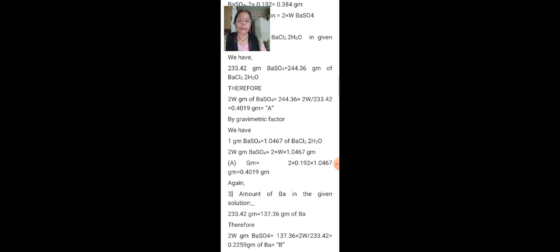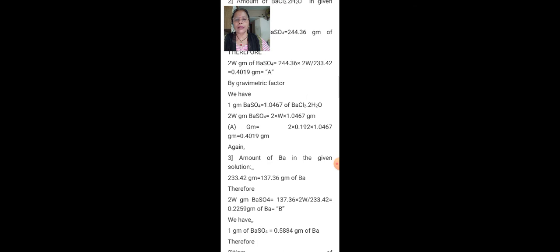Now the amount of barium in the solution. 233.42 gram of barium sulfate corresponds to 137.36 gram of barium, and therefore 2W, the weight of the product barium sulfate, corresponds to 137.36 into 2 into the product weight divided by 233.42, and thus it comes to 0.2259 gram of barium.